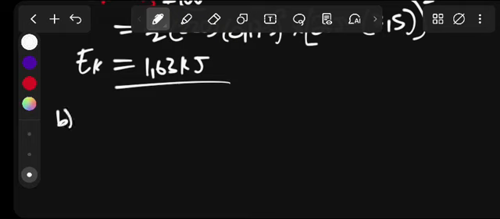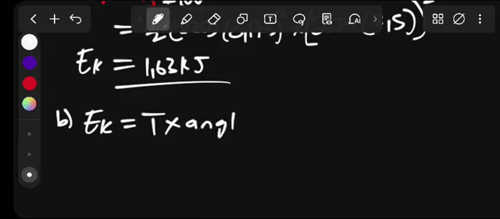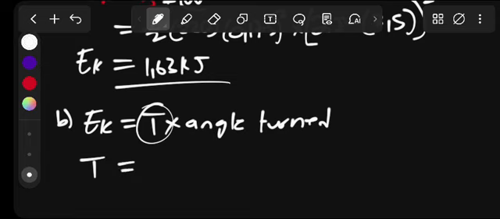This formula says EK is equal to torque multiplied by the angle theta, guys. Still remember that. So if you make torque the subject, you'll have torque equals EK divided by that angle theta.